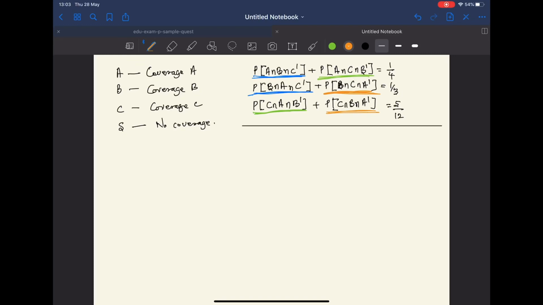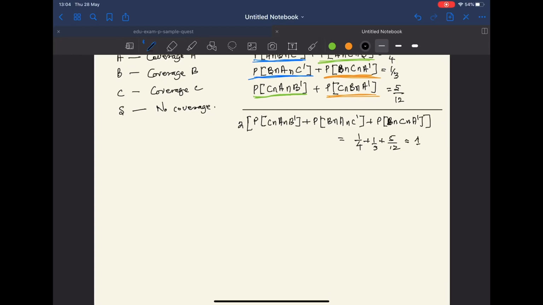So interestingly, when we sum all these three units up, we have 2 times each one of these: the probability of C intersection A intersection B complement, plus the probability of B intersection A intersection C complement, plus the probability of B intersection C intersection A complement, and that should be equal to 1 over 4 plus 1 over 3 plus 5 over 12, and they should give me 1.